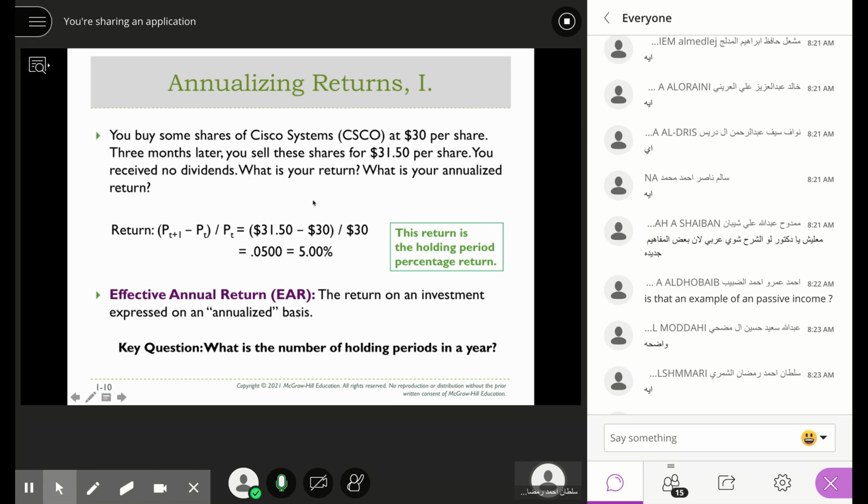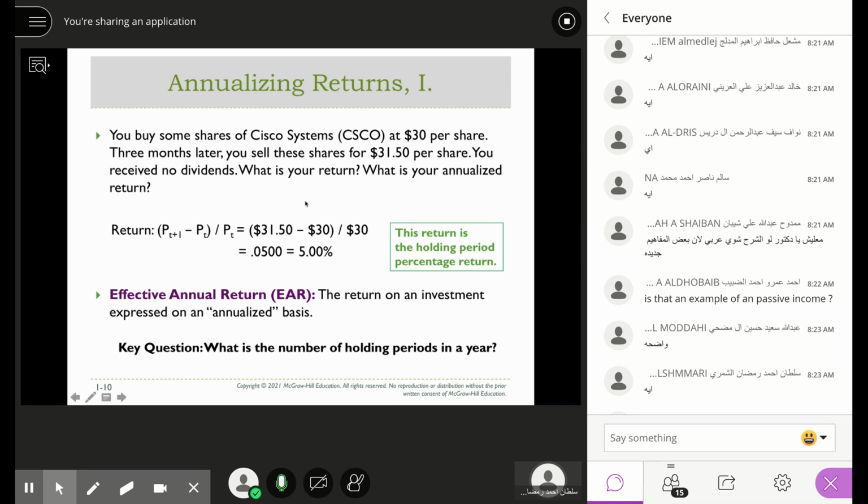So first we need to compute the return. The basic formula to compute return is the price at the end period, or T plus 1, minus the price at the beginning of the period, or at time T, divided by the beginning period price.